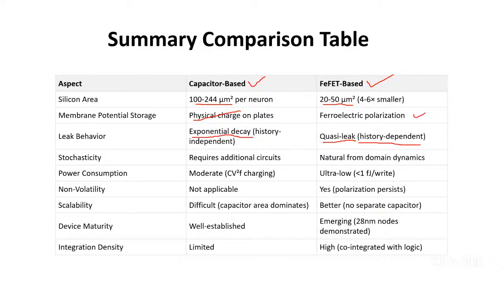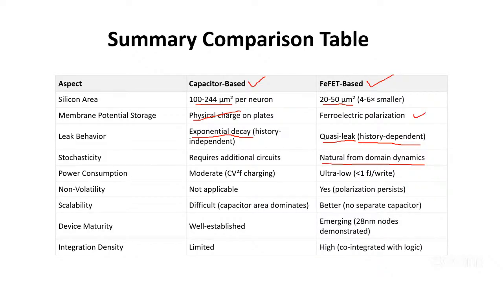The ferroelectric material also shows stochasticity, so you can go for stochastic neural networks. These are natural from domain dynamics, because the switching does not occur at a deterministic time. It may occur at a range of times, normally over a period where the probability is maximum. So the switching operation of ferroelectric material is probabilistic in nature.